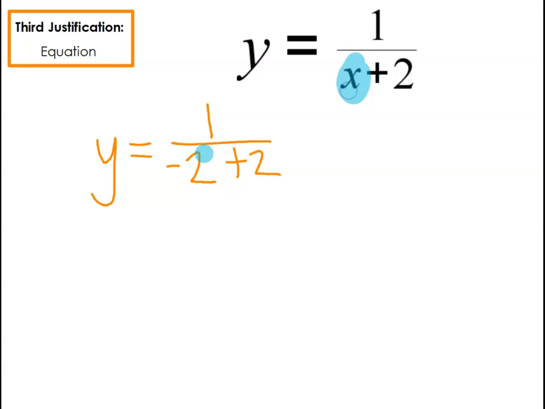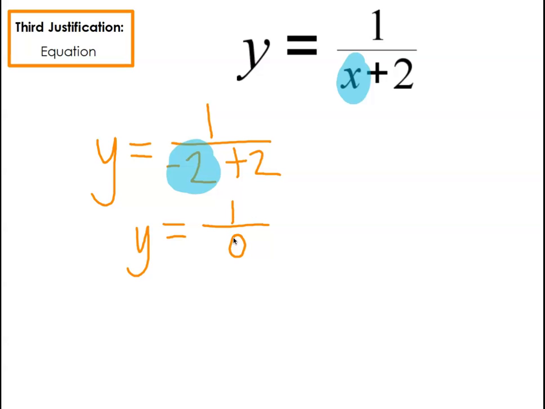I'll highlight to show that this was substituted right there. Now we have 1 divided by negative 2 plus 2. If we simplify, negative 2 plus 2 is 0. Now we're left with 1 divided by 0.